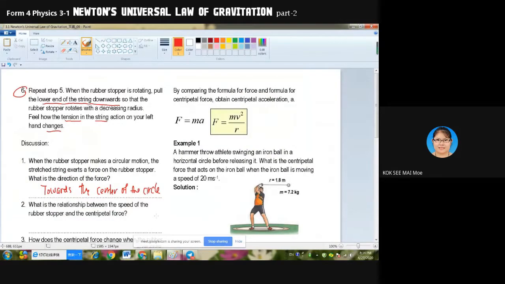The relationship between the speed of the rubber stopper and the centripetal force. The force and the speed. What do you think about that? If the force is more, what do you think about the speed?